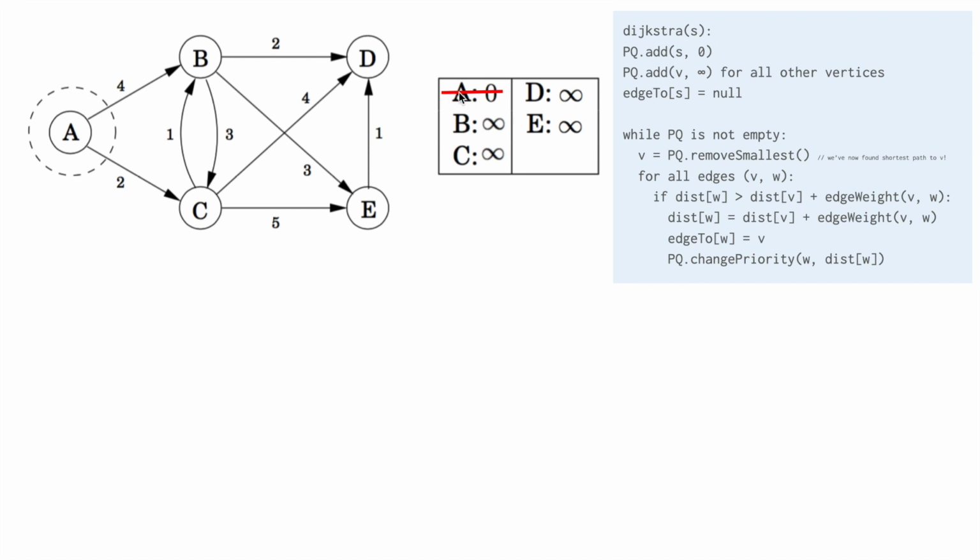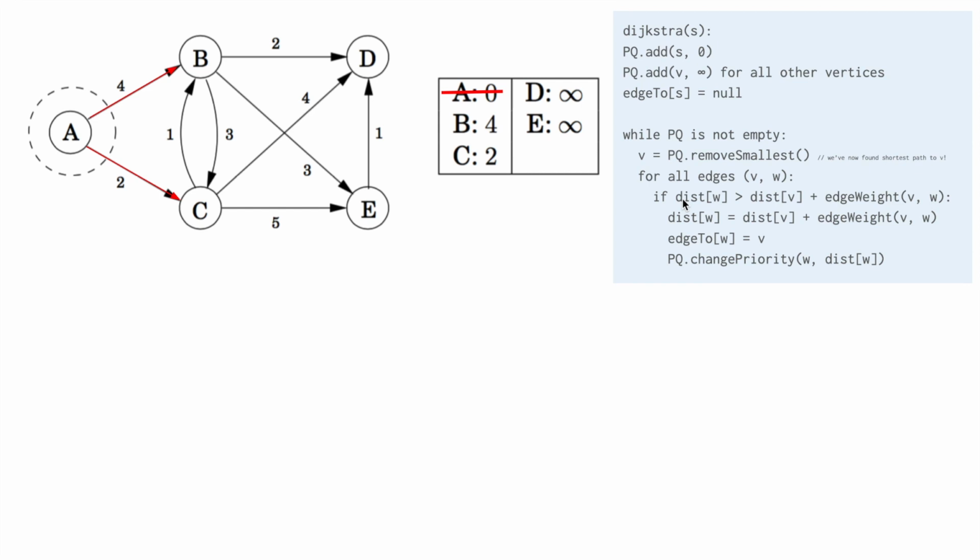So here I'm going to remove A, and that means I'm going to look at all of the neighbors of A, which is B and C, and I'm going to see if I can update their distance values. So currently the distance of B and C from the previous step are infinity. So I'm looking at all edges, that would be edges AB and AC.